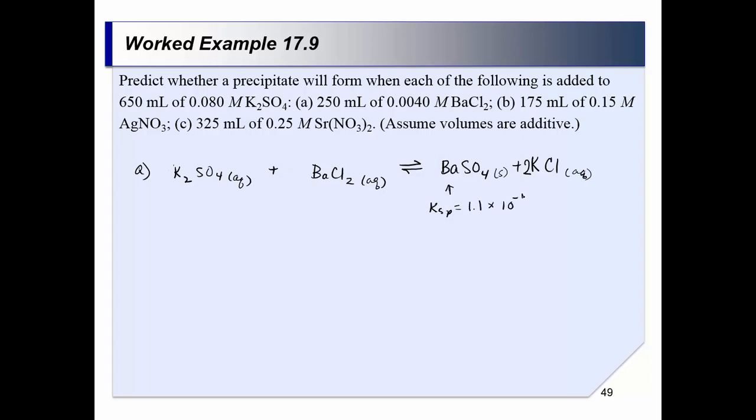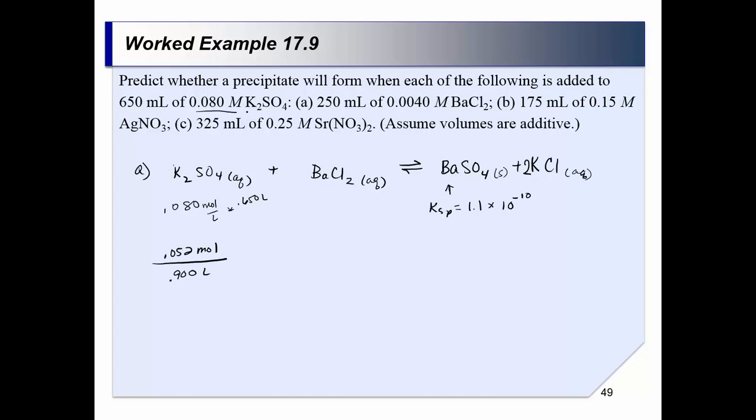So if I start with 0.080 moles per liter, and I have that many liters, what I want to find out is how many moles I have of sulfate. I have 0.052 moles of my sulfate, and that's found by taking the concentration of the potassium sulfate.